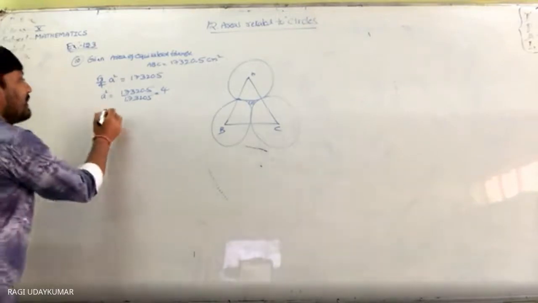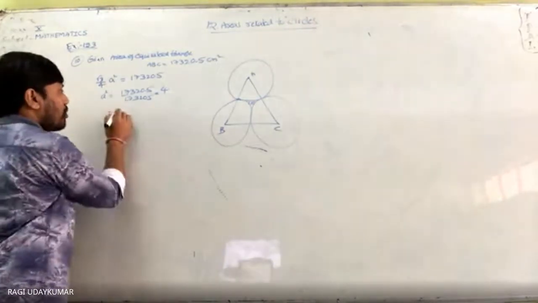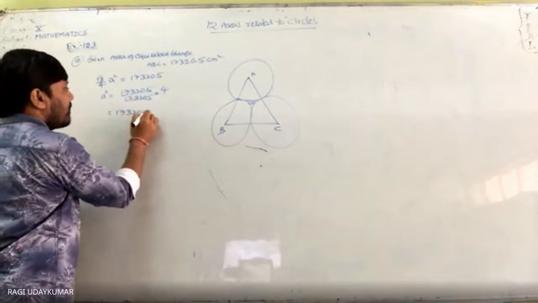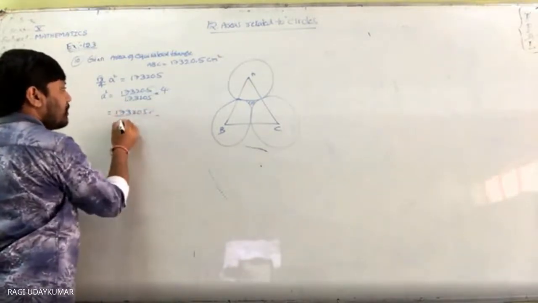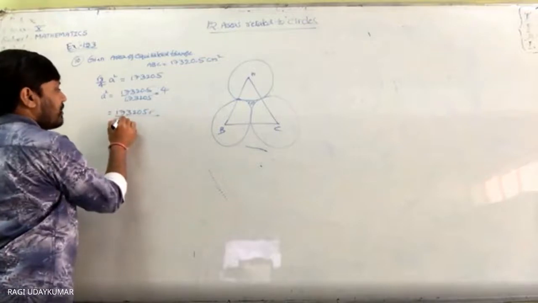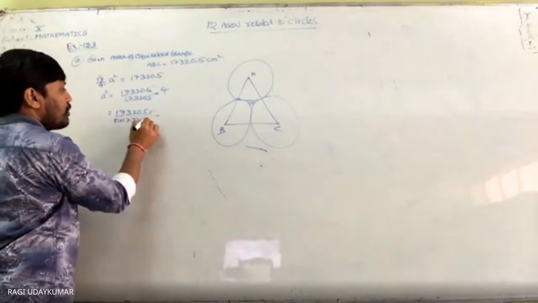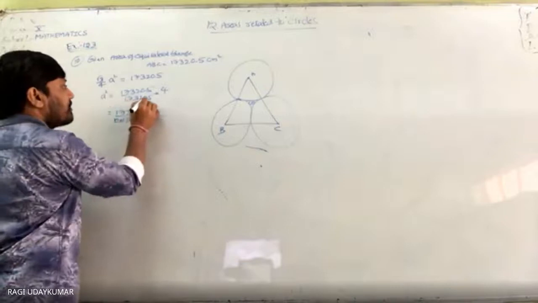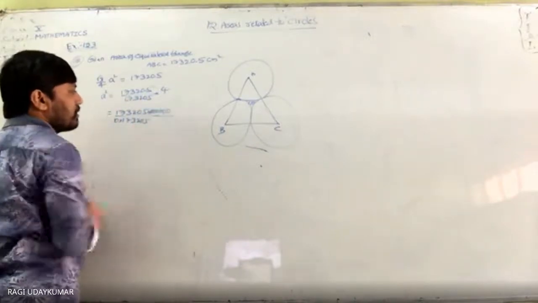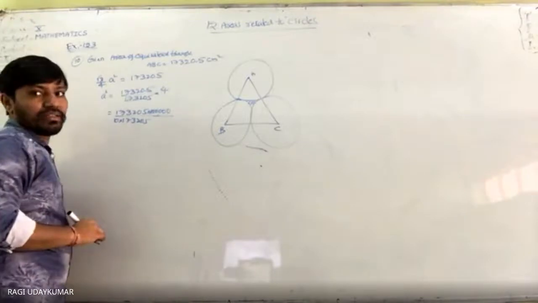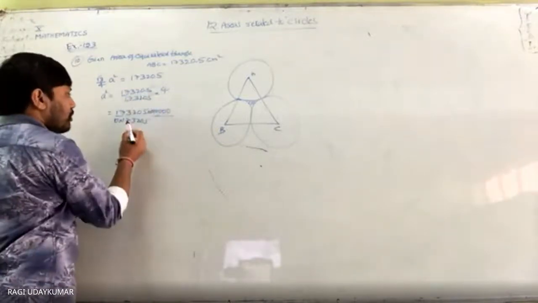Decimal points हटाना है. ये बहुत ज़्यादा बच्चे को confusion हो जाता है. ये इधर डेसिमल पॉइंट हटा दिया तो नीचे एक 10 आ जाएगा. 173205, इधर डेसिमल पॉइंट आ जाएगा. आफ्टरवर्ड्स how many zeros are there, 5 zeros, then 1 lakh number you are going to get. इधर डेसिमल पॉइंट हटाया तो नीचे 10 होगा.